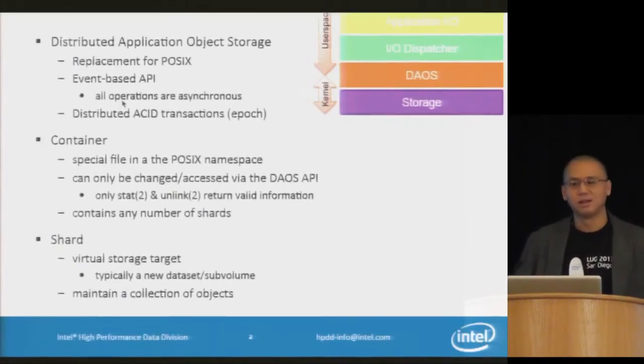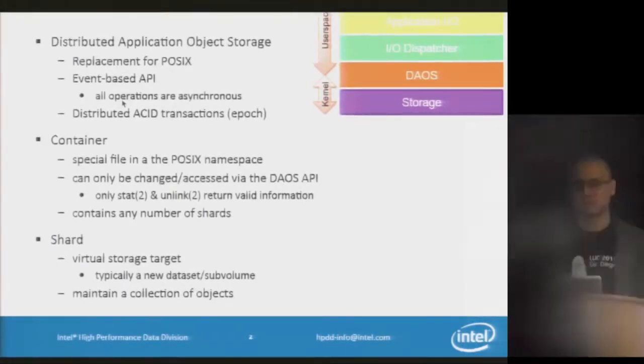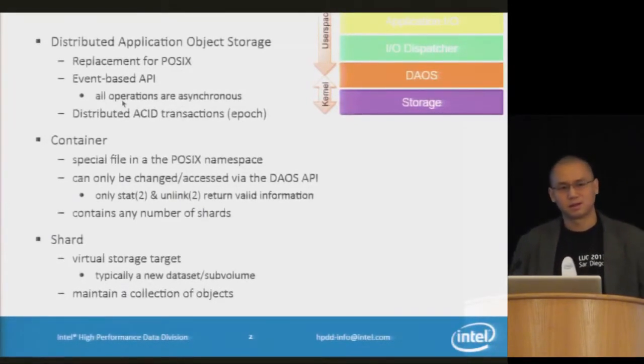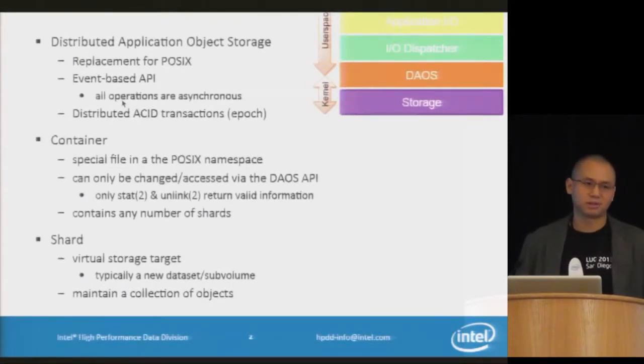DAOS container. A DAOS container is an object address space which is partitioned over many storage targets. Each partition, which we call a container shard, is actually a virtual storage target. Externally, a container is a new file type in the POSIX address space, and the user can see only one entity for a container in the POSIX namespace.